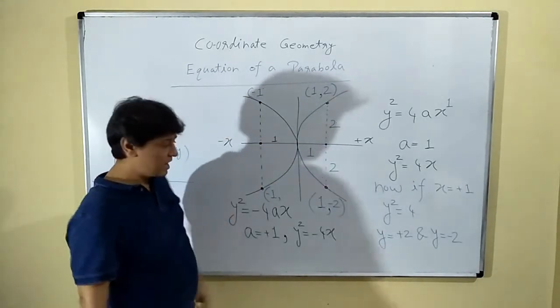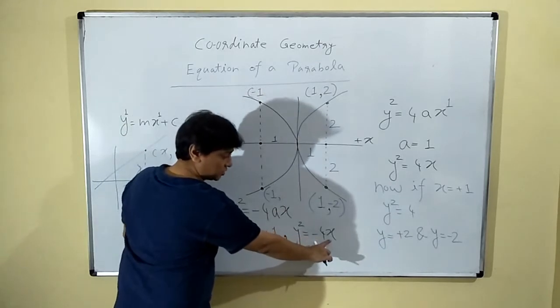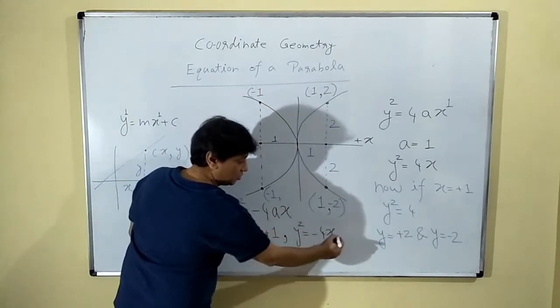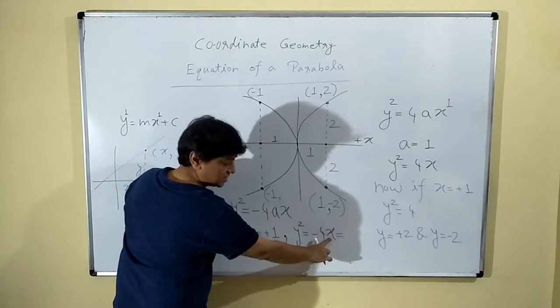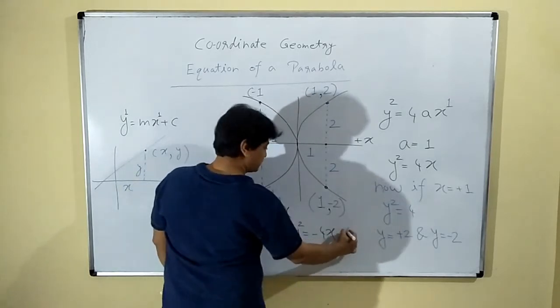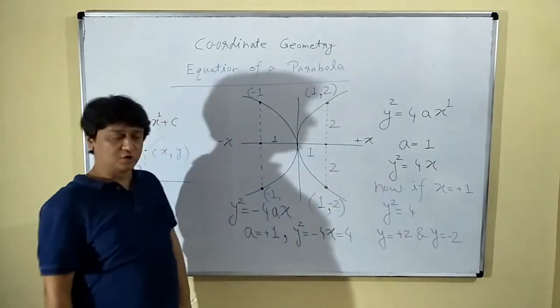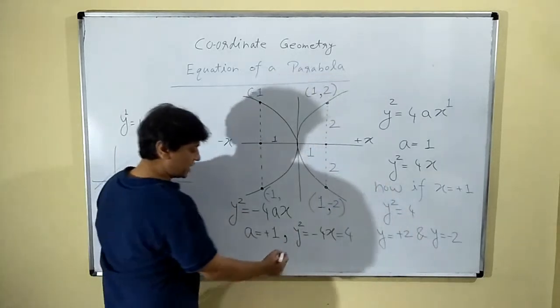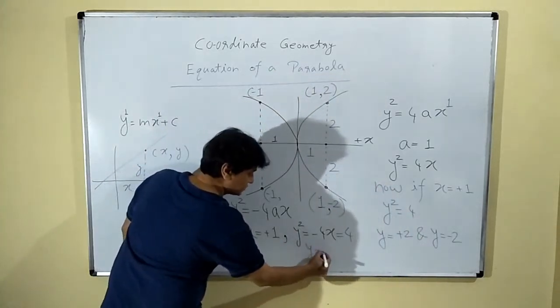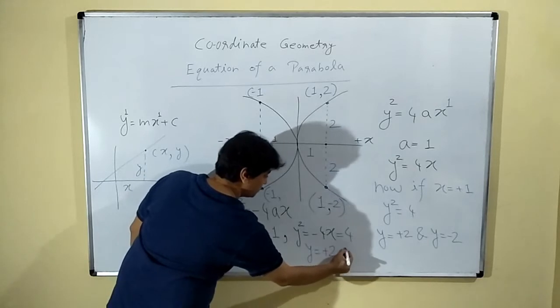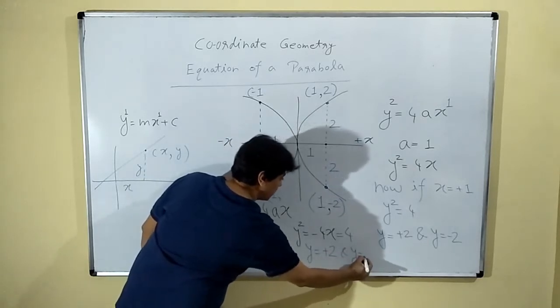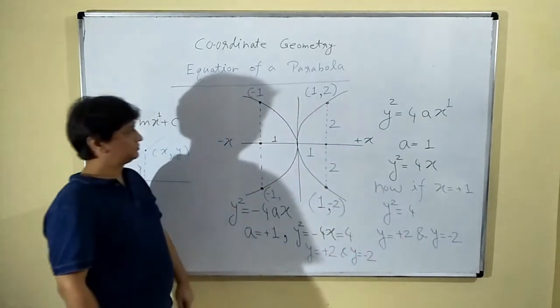Now once I put x equals to -1 in this equation, you get what? X is -1, minus minus plus, that gives you what? Y square equals to 4, which again gives us y plus 2 and y minus of 2.